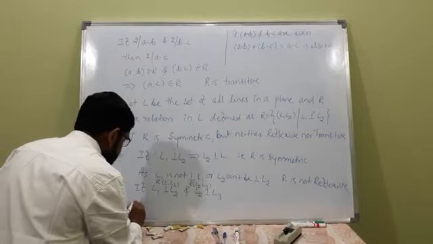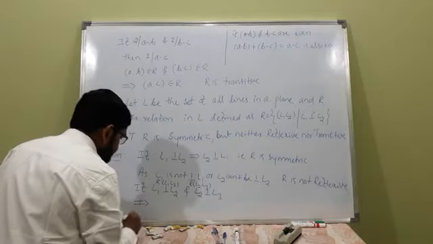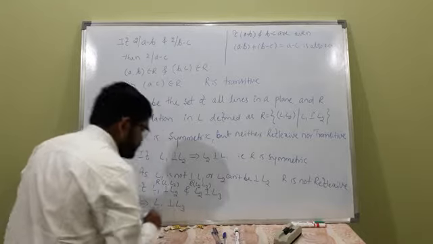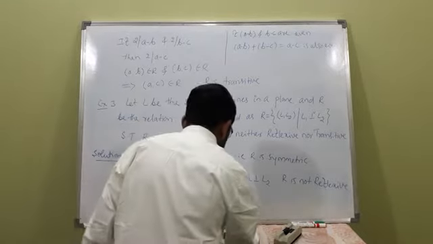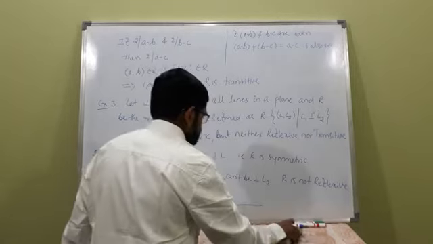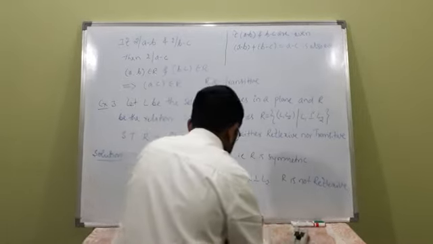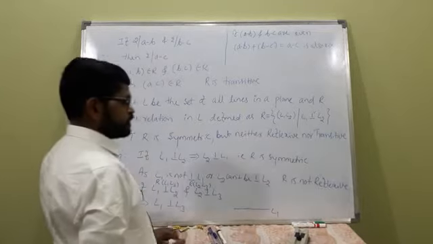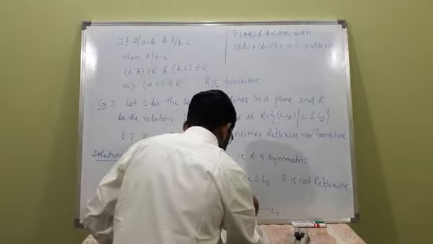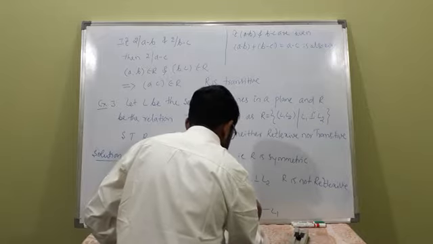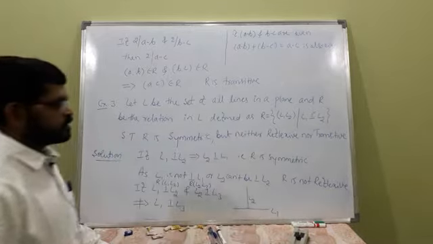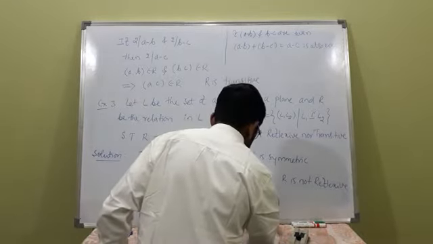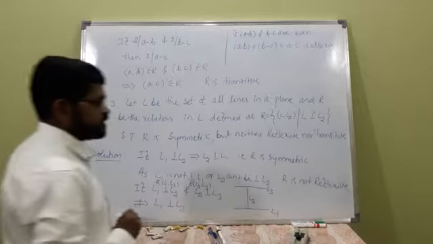This does not imply L1 is perpendicular to L3, isn't it? Suppose this is the line L1, another line perpendicular to it is L2, and another line which is perpendicular to L2 should be L3.